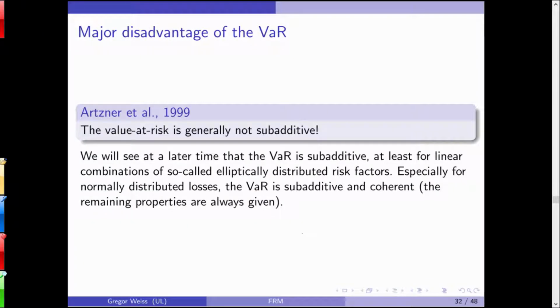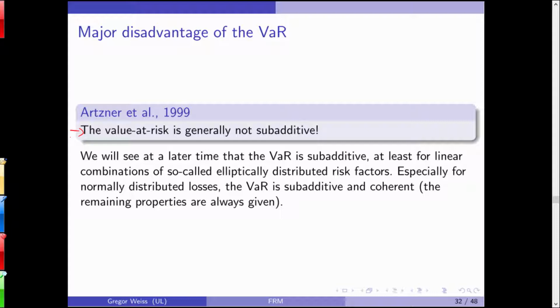So you have no information about the severity of the losses that go beyond VaR, and this is where another risk measure takes over. First, this result by Artzner, Delbaen, Eber and Heath: VaR is not coherent. It is not sub-additive. What does it mean? In special cases, for example, with the normal distribution, with the t-distribution, it is actually coherent, it is sub-additive, but for many distributions and in many practical applications, VaR is not sub-additive.